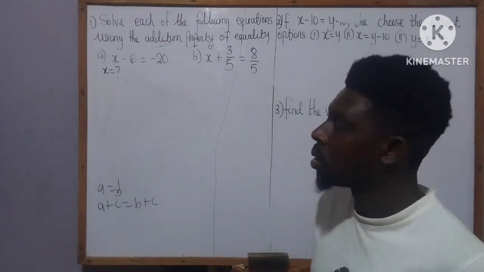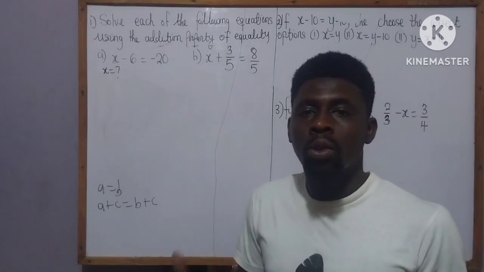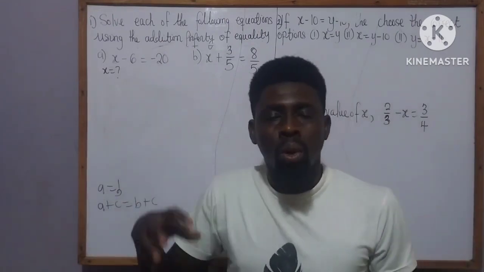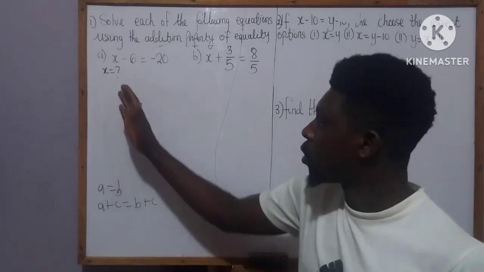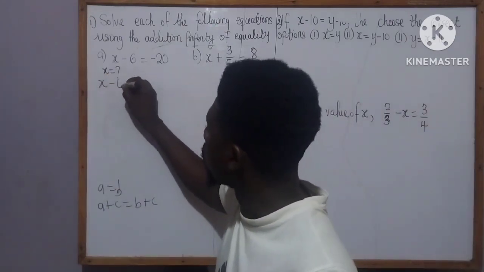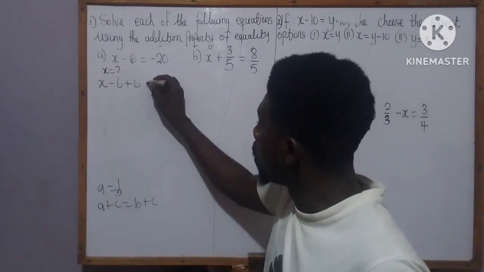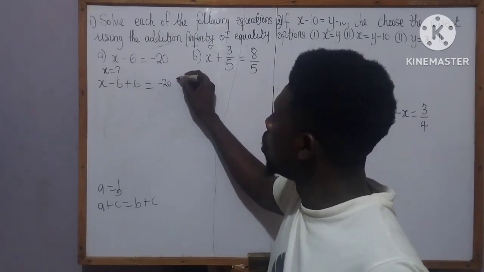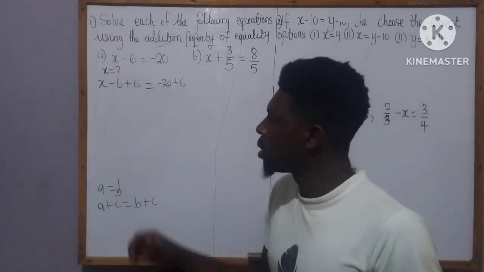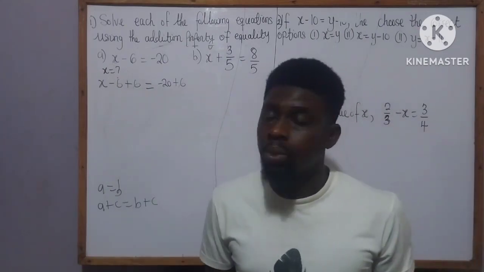As the instruction says, we should use the addition property of equality, meaning that I look for a number or value that can be added to negative 6 that will eliminate negative 6 from the left-hand side of the equation. So x minus 6, think of plus 6, or think of adding 6. Then you do the same to the right-hand side of the equation.